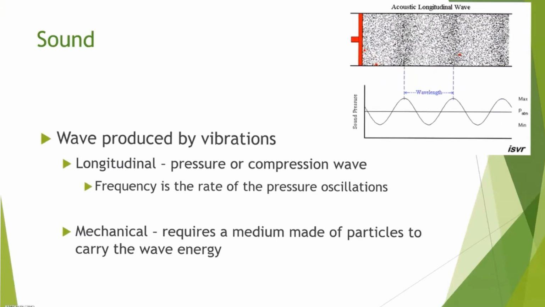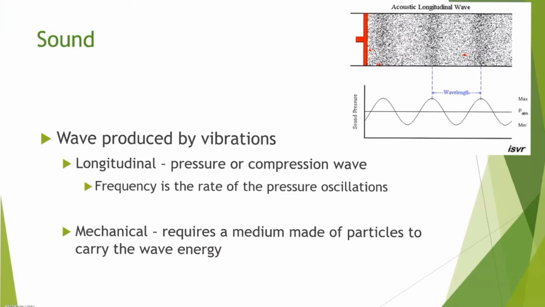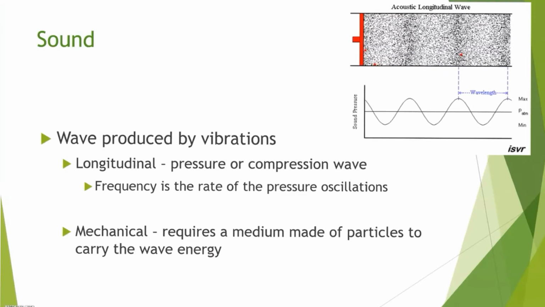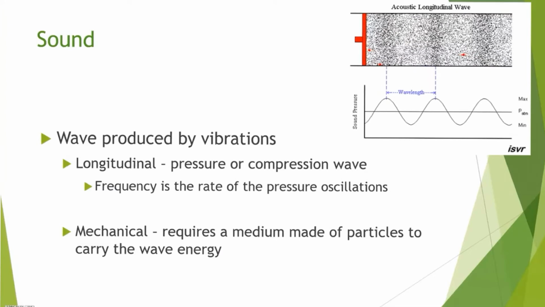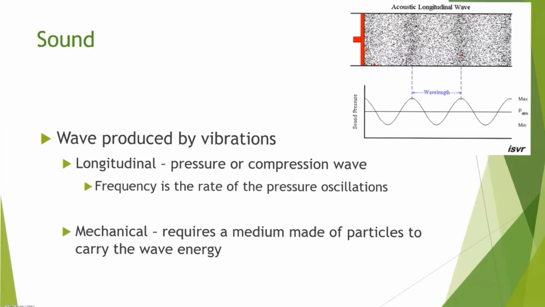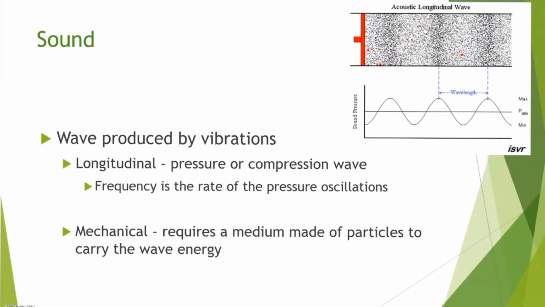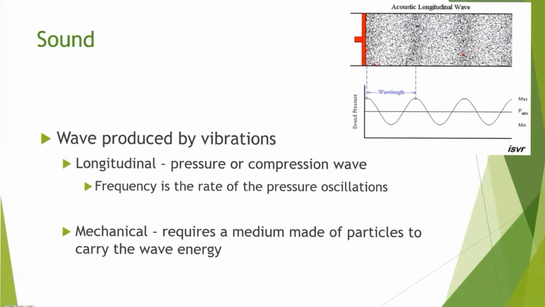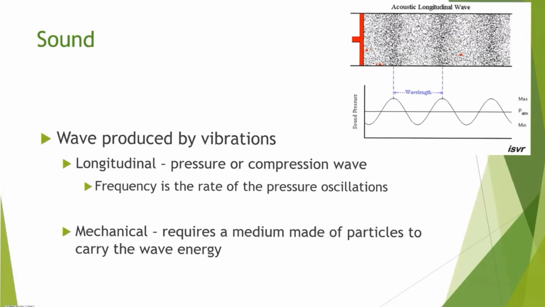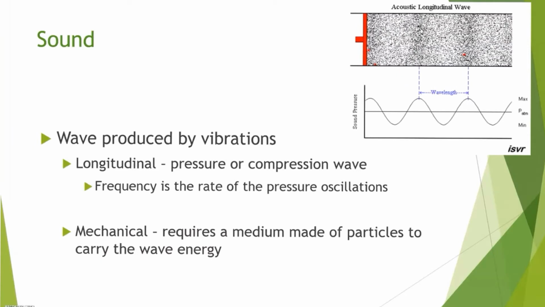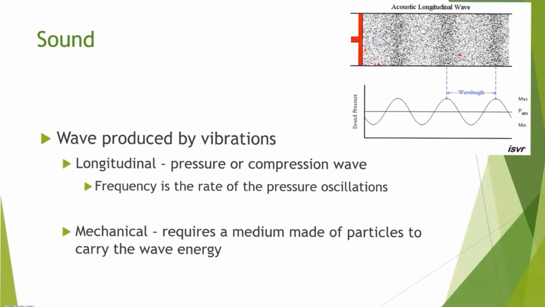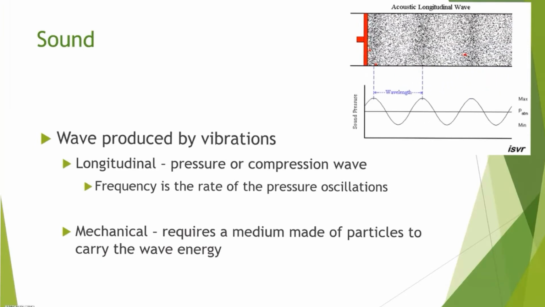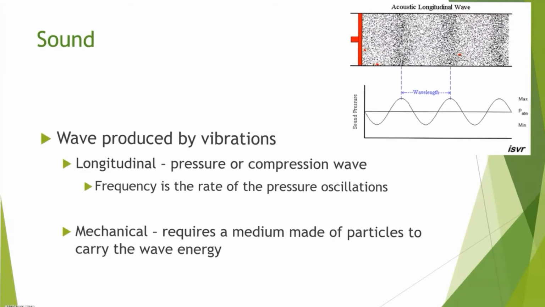So that's 3,000 times that the particles move back and forth each second. We'll see that there's a range of frequencies that our ears can perceive, and we'll look at that later in the notes. Sound waves also have an amplitude and a speed, and we'll talk about those characteristics of sound in this lecture as well.